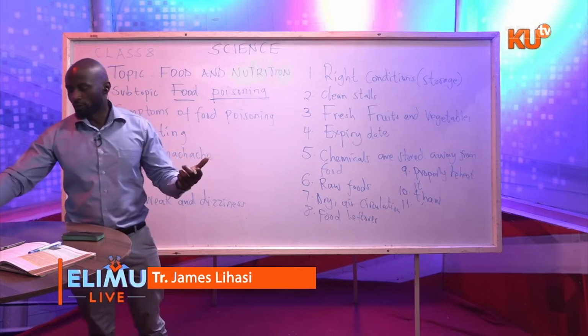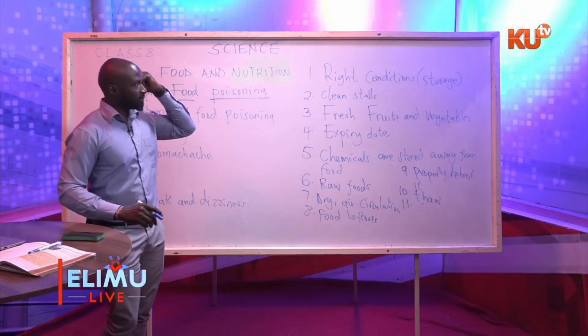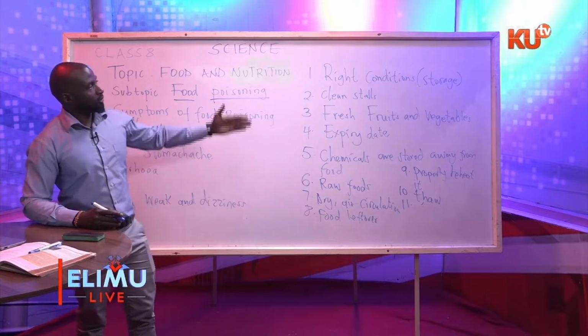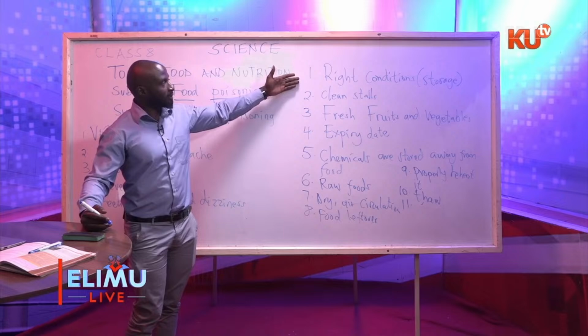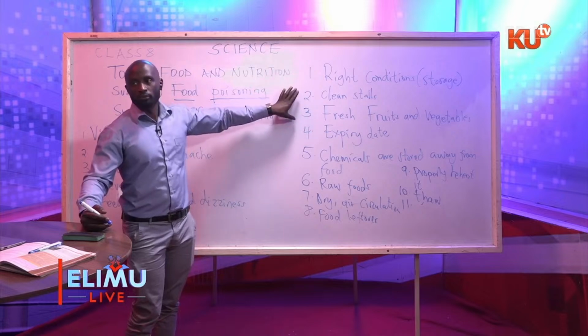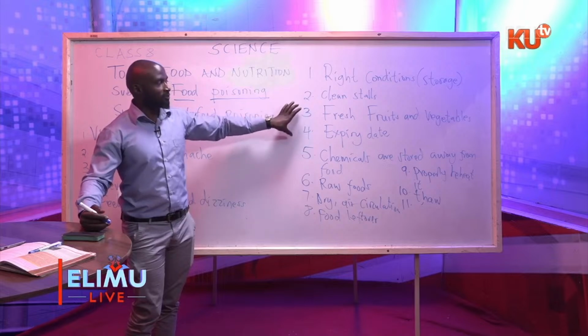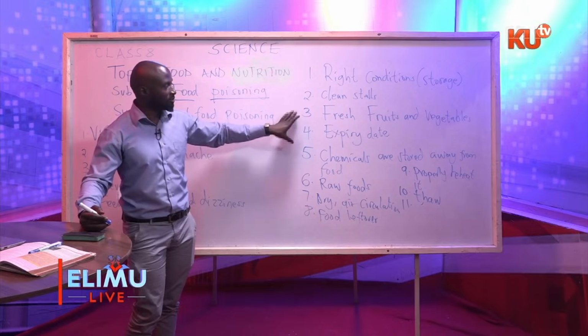Then we also talked of ways of preventing food poisoning, basically the positive good food hygiene practices, all the way from the storage. Make sure they're stored under right conditions. When you're purchasing, make sure where you purchase from, the stores, the kiosks, the food vendors, is clean. Then purchase fresh fruits and vegetables, and if possible, go for fruits that are in season.